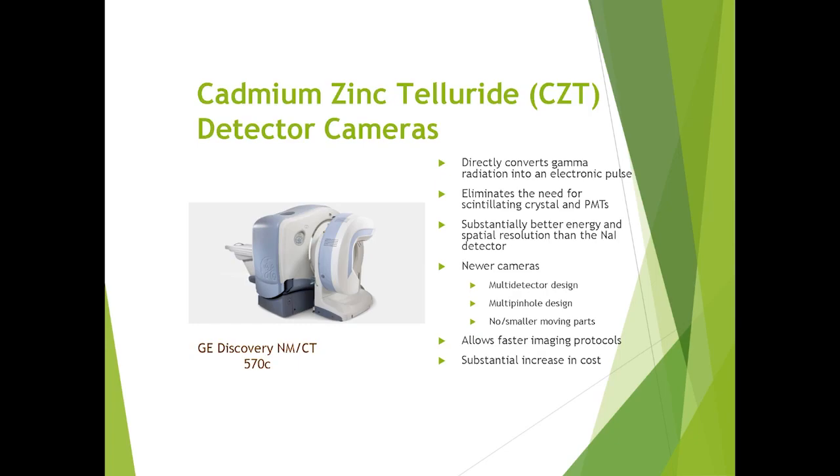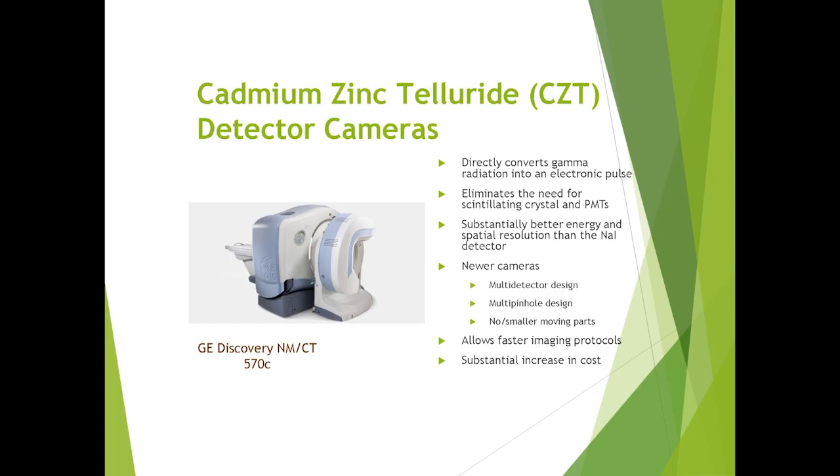So as I mentioned, the CZT detectors, or cadmium zinc telluride detectors, are being used in modern cameras, and one of their great advancements over the traditional sodium iodide detectors, or crystals rather, is that CZT provides substantially better energy and spatial resolution than the sodium iodide detectors.